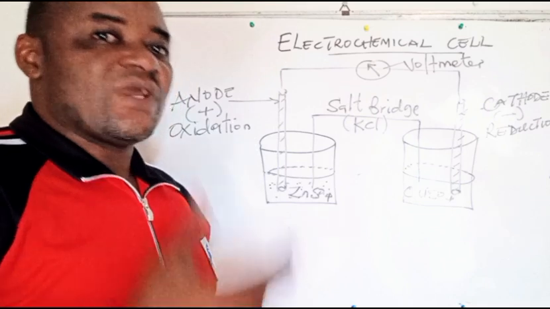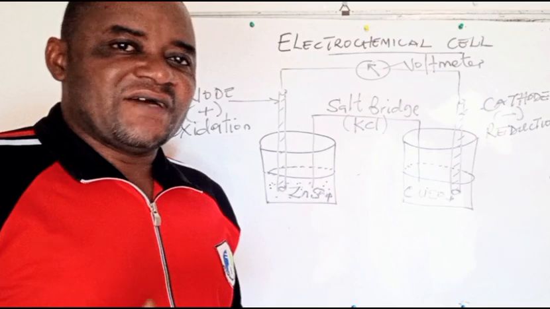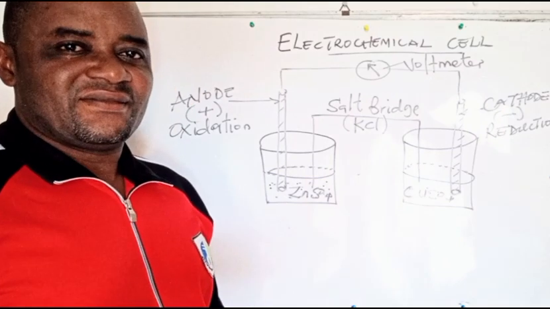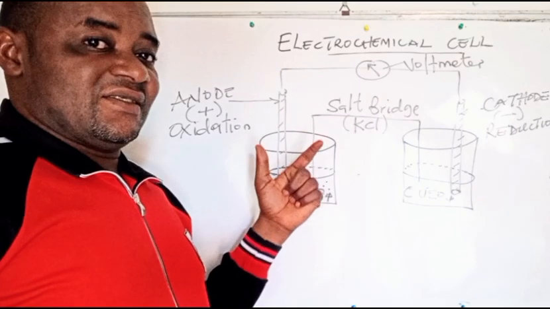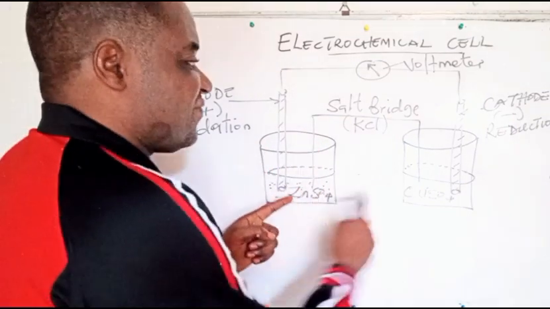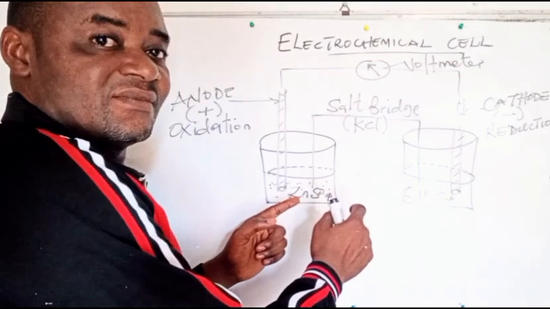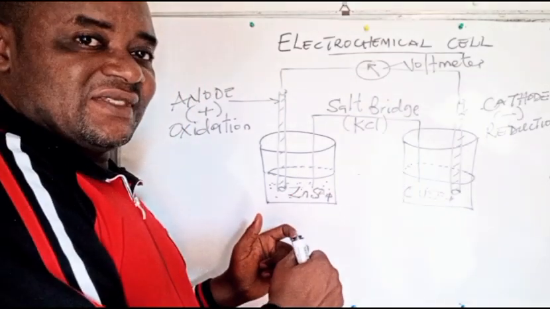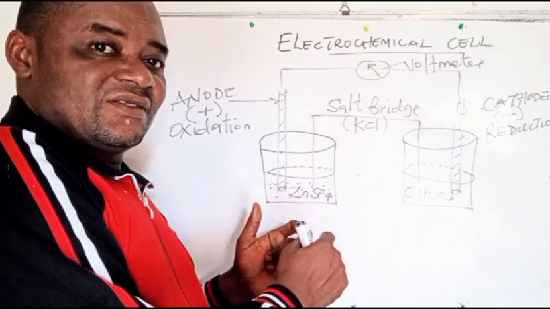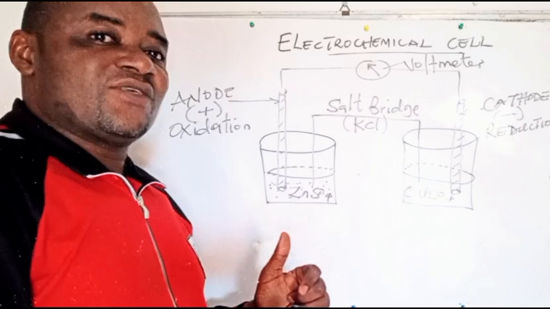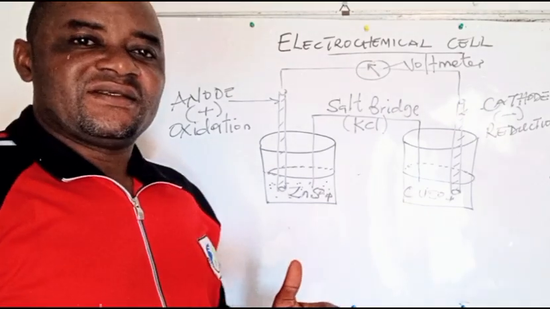In that case, we are describing what? We are describing a galvanic cell. But where we decide to introduce some current that will help to drive these particular reactions or reactants, then we are saying that there is a conversion of what? Electrical energy to what? Chemical energy. In that case, we are rather describing what we call an electrolytic cell.